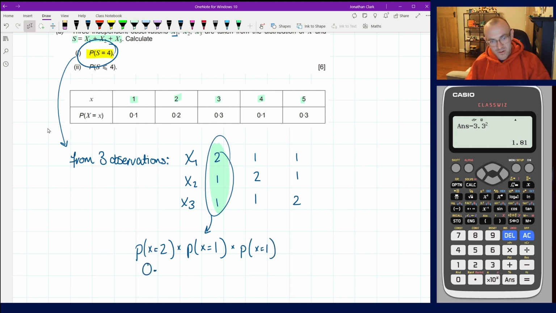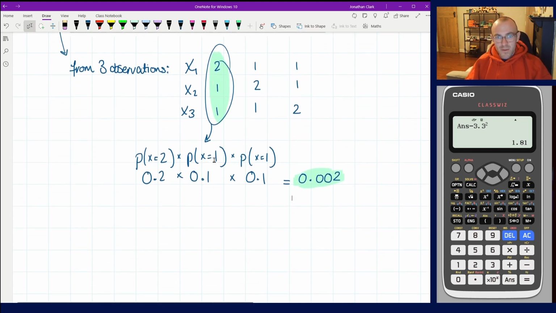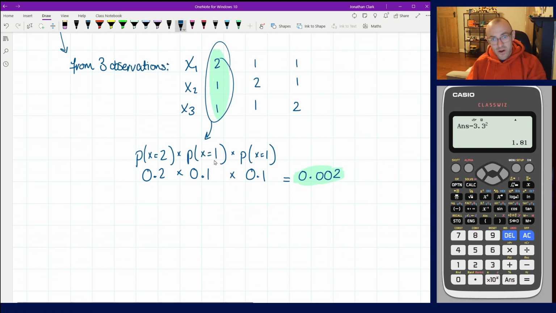It'll be 0.2 times 0.1 times 0.1, which is 0.002. That is that one possibility here. Because there's 3 different ways that this could happen, we are going to multiply this probability by 3.